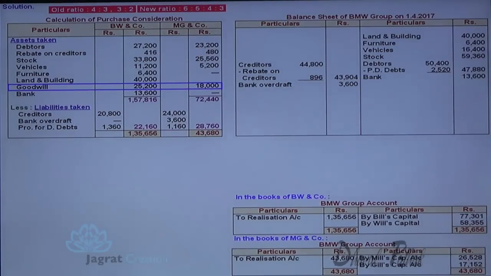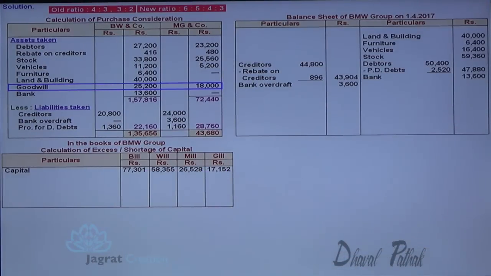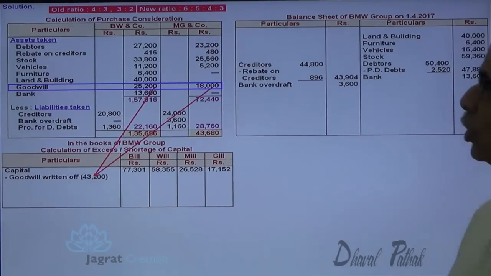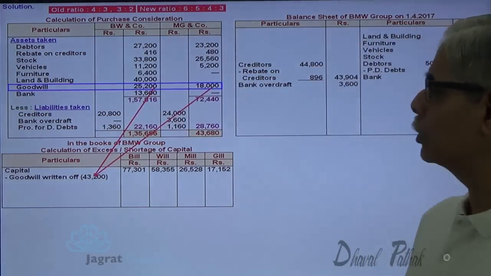Now this is the capital that I write in my working note. Now goodwill is required to be written off in the new profit sharing ratio 6:5:4:3.